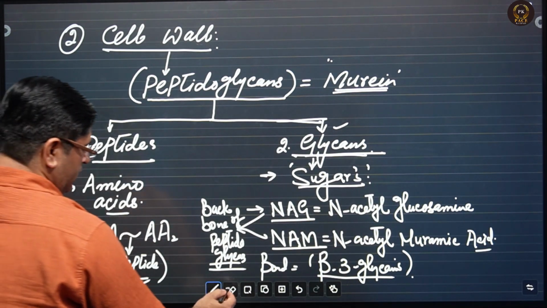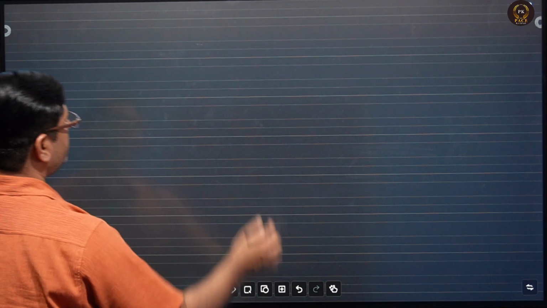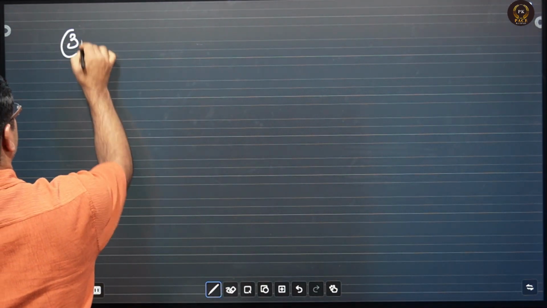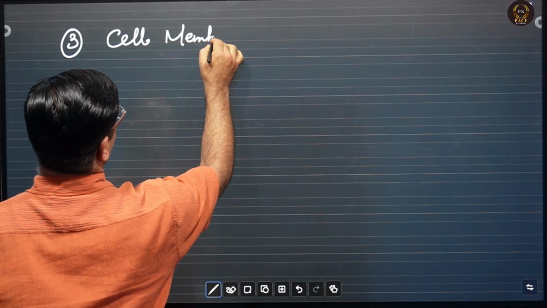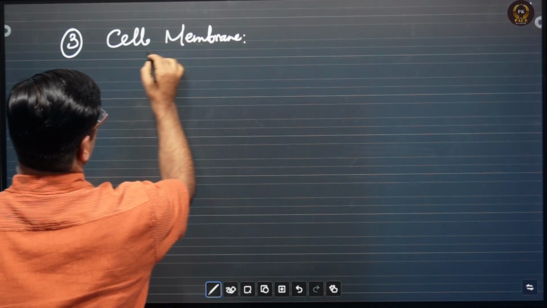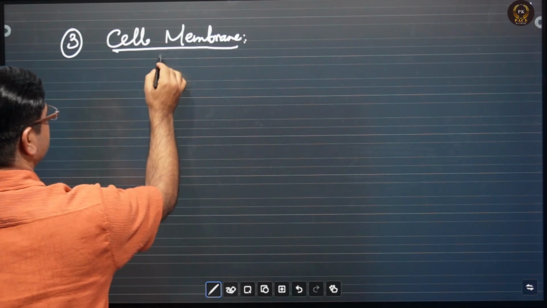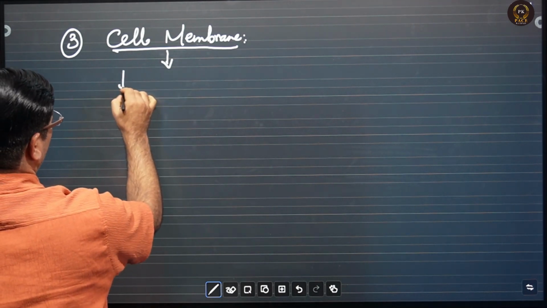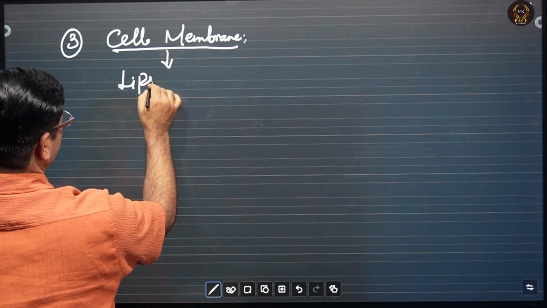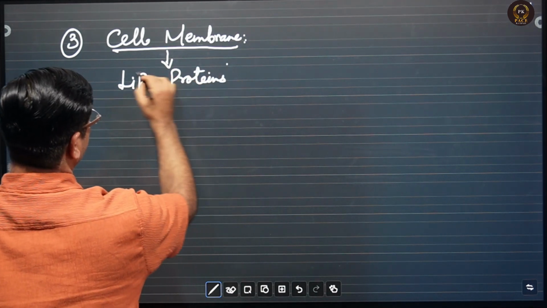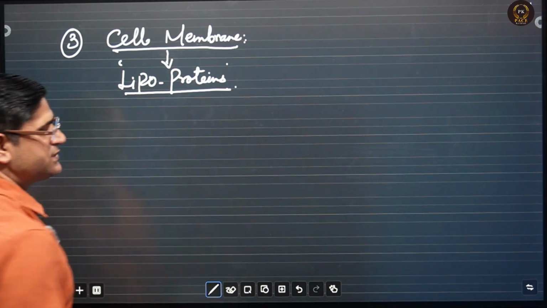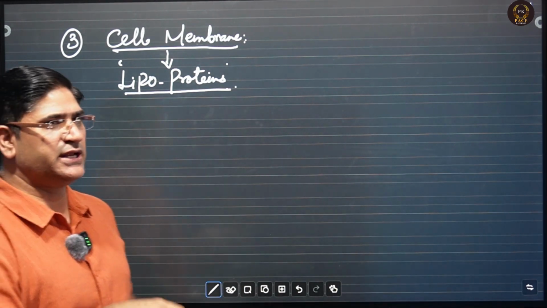Remember. Next, after the cell wall, there is a cell membrane. The cell membrane of the bacterial cell is made up of lipoproteins, like lipids and proteins, like the cell membrane of animal cells or any other cell.